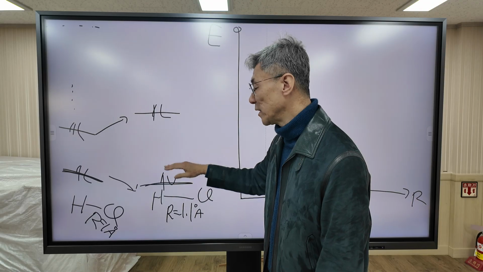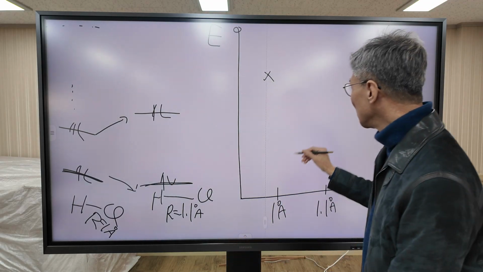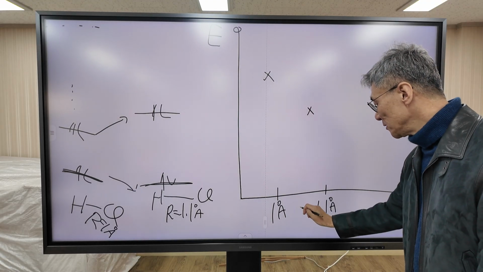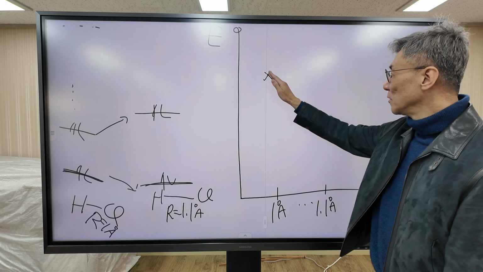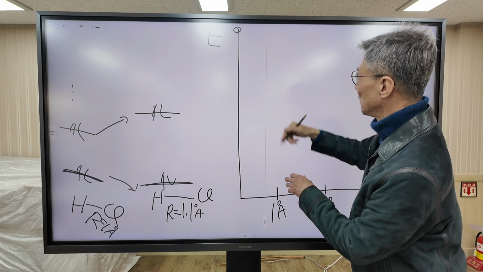Now the total energy changes because the orbital energy changes. The energy may be this one. Similarly, I change R, and the total energy changes. So I can connect all the points. Then the result looks like this.